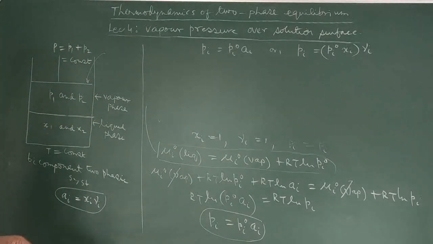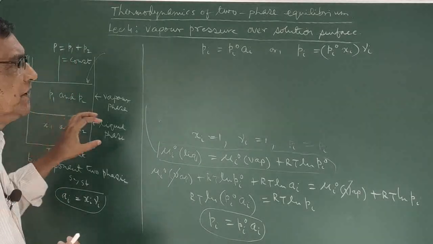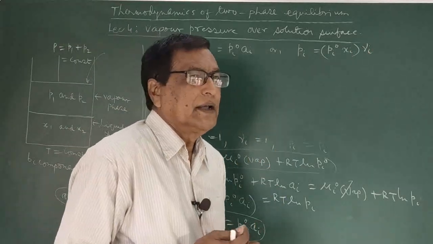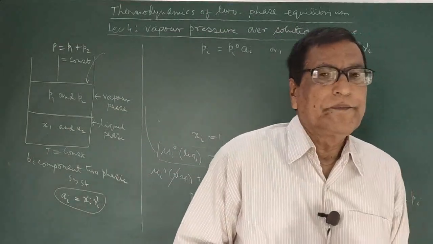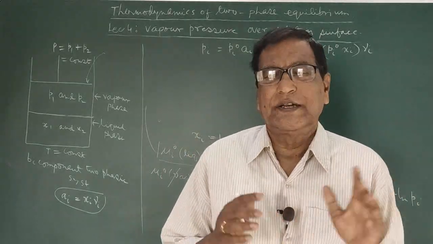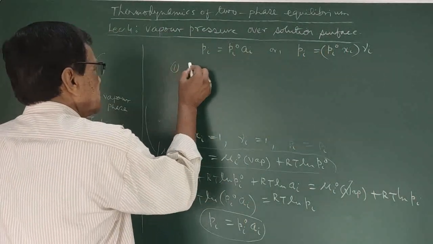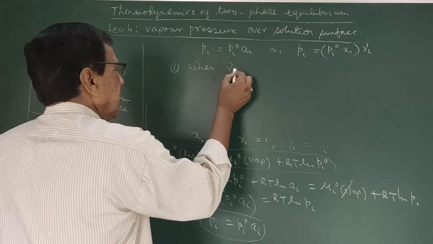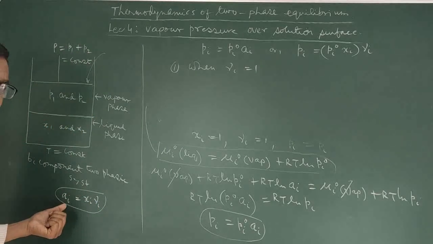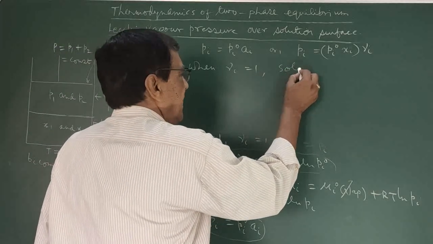Now we consider the types of solutions depending on the value of gamma i. Gamma i plays a very important part, and it actually shows us whether the solution is ideal or non-ideal. In one case, when gamma i equals 1, activity and mole fraction are the same and the solution is ideal.